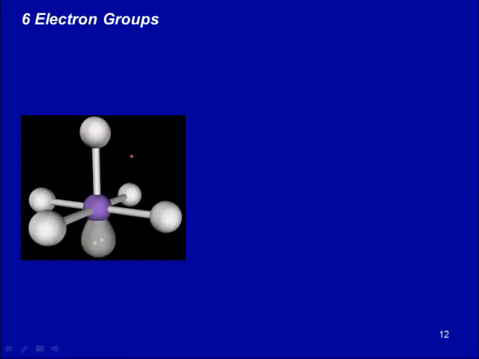But stay with the 6 electron groups. Now you can have one lone pair sitting on here, and all the others, and this is going to form what we call a square pyramid. This is a pyramid, and this is a square. Same thing, if all the surrounding atoms are the same, we can start drawing the net polarity arrows, and you can see roughly this two and this two cancel each other out.